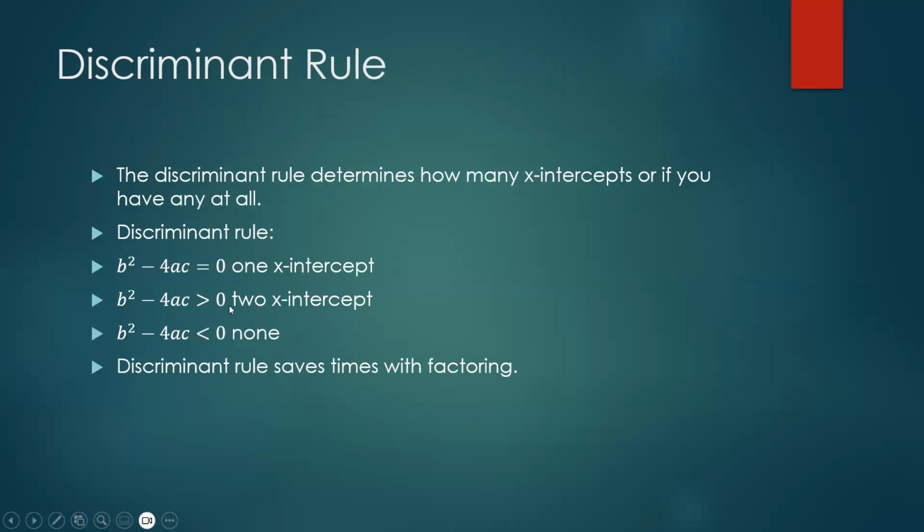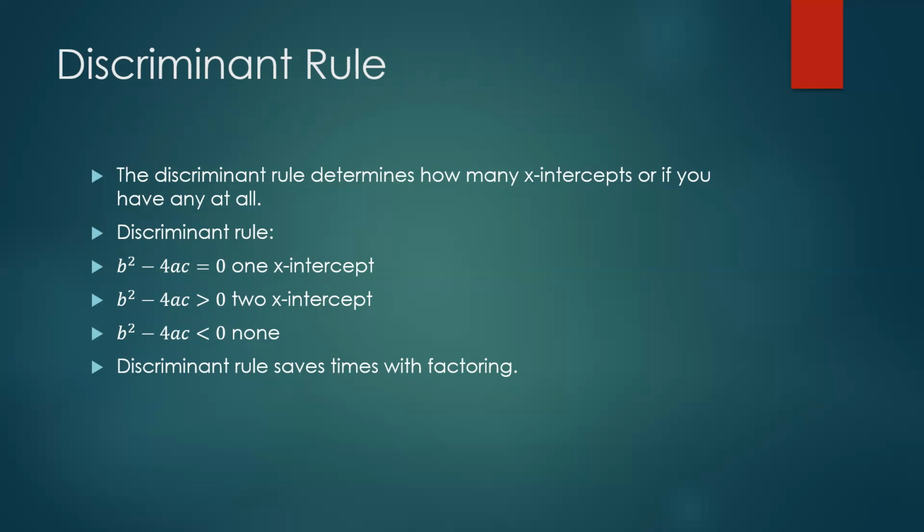Okay, so the discriminant rule determines how many x-intercepts you have, or if you have any at all. So the rule states, if you do b squared minus 4ac and you get an outcome of 0, that means you have one x-intercept. If your outcome is greater than 0, that means you have two x-intercepts.